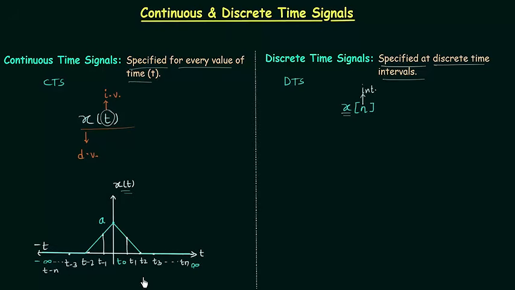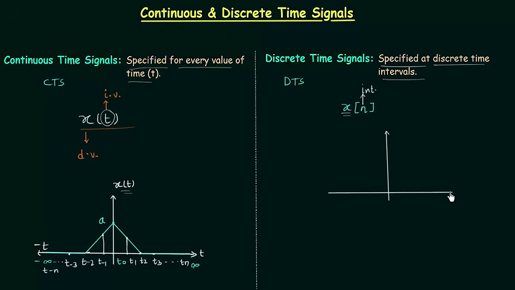So you can see the signal is not specified at every value of time t. If you want to find out signal x(t) between time t1 and time t0, you cannot find it because it is not defined.